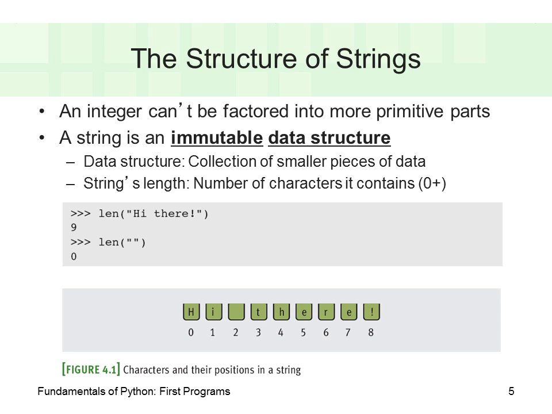So a data structure is a data type which consists of a collection of smaller pieces of data, like a string. However, the string is not a mutable data structure. We'll be looking at some of those as well, but it is an immutable data structure. If I want the variable s to refer to some other string, to some other word, I actually have to reassign it.